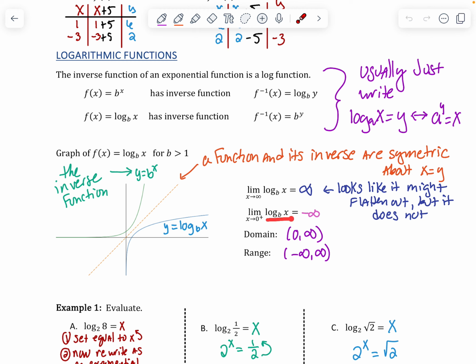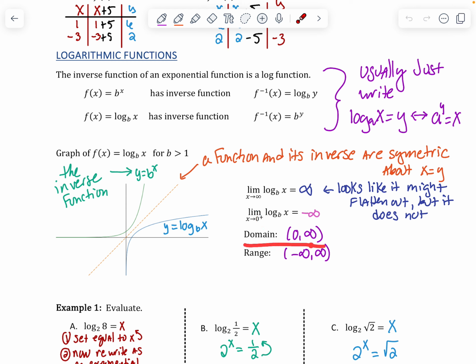Now, if we were looking at the same log function as x approaches 0, here's our line 0, and we only look at it from the right side, then the graph is going to reach a limit of negative infinity, so that we have a vertical asymptote where we cannot find a value for 0 from the left.